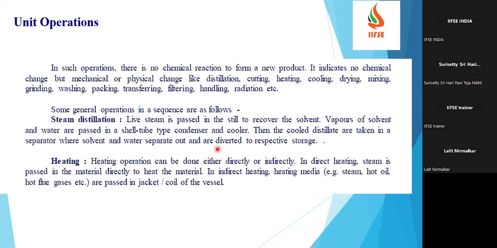Then the cooled distillate is taken into the separator where the solvent and water separate out and are diverted to their respective storage. Like how we do petroleum distillation, where we have a distillation column and apply heat to the crude oil at certain levels and temperatures, and all these materials are segregated.